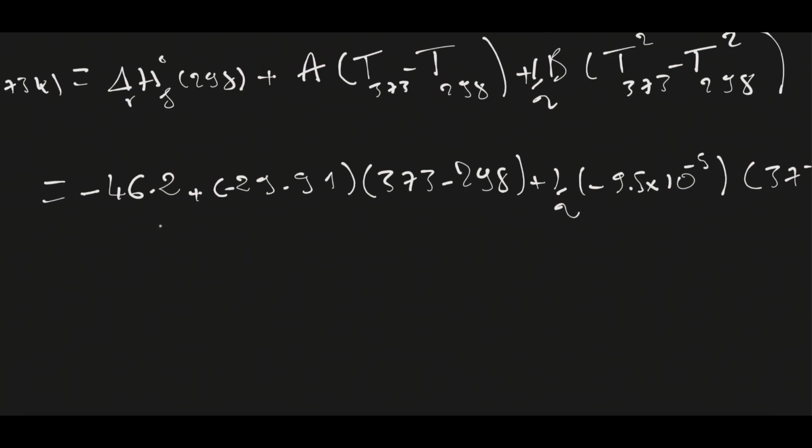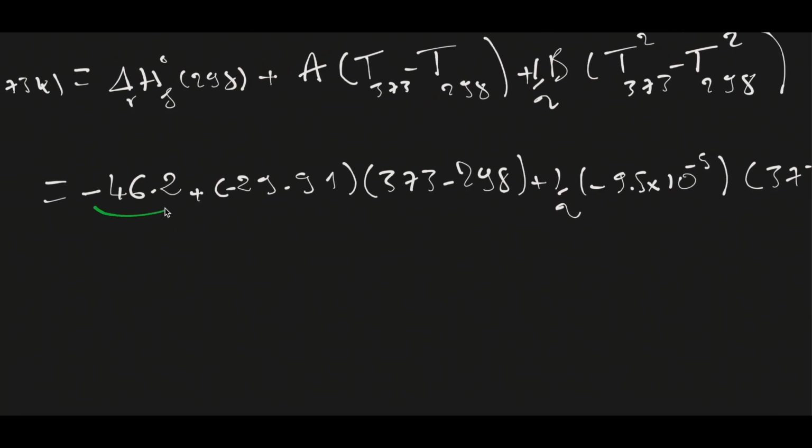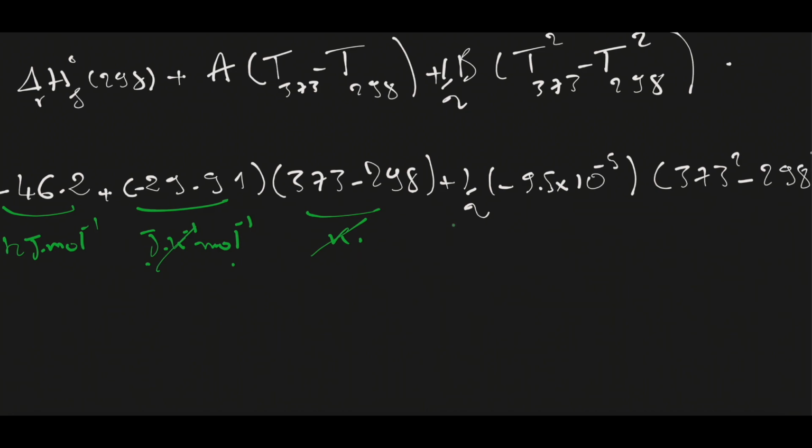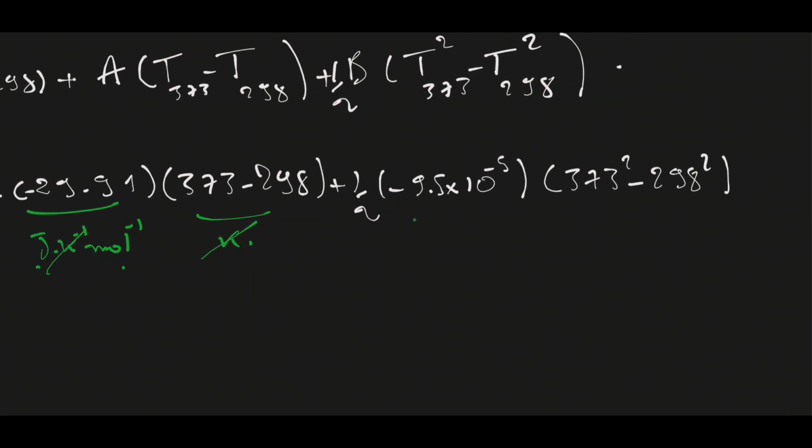Here we have this value in kilojoules per mole, and here we have the molar heat capacity, which is given in joule Kelvin minus 1 mole minus 1. Here it is given in Kelvin, so we'll get joule and mole, and the same thing here.